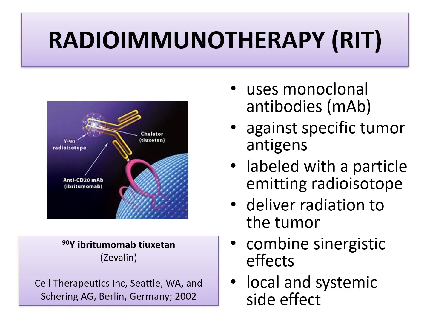So now we are going to move into radioimmunotherapy. RIT uses monoclonal antibodies directed against specific tumor antigen, labeled with a particle-emitting radioisotope to deliver radiation directly to the tumor. Radioimmunotherapy combines the synergistic effect of both radiation and immunotherapy with manageable local and systemic side effects.